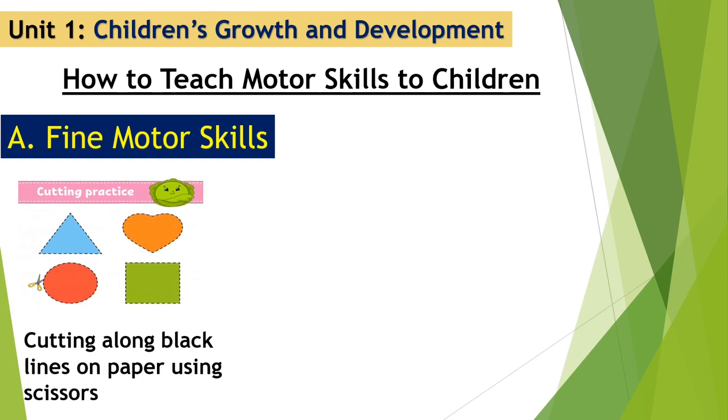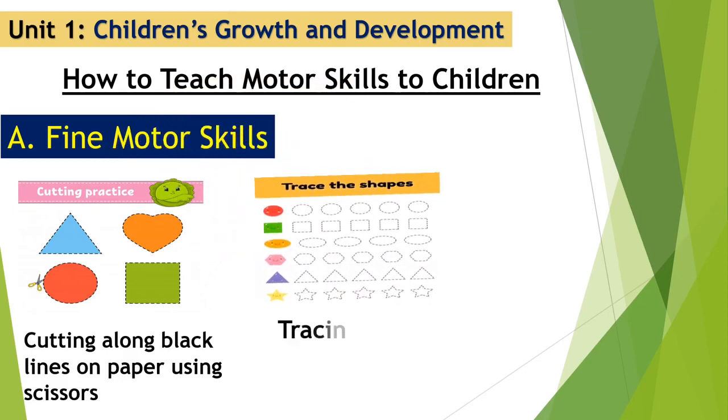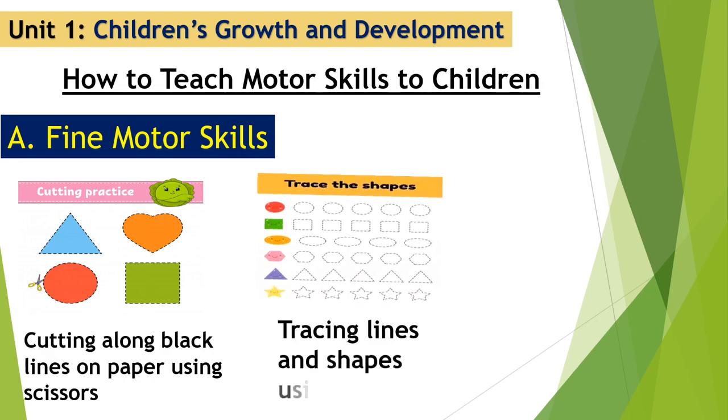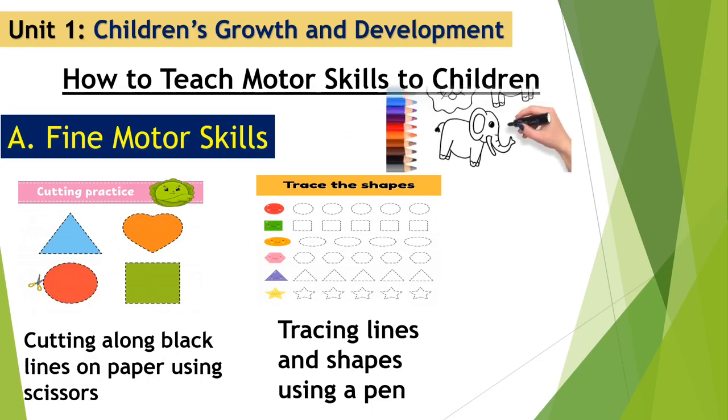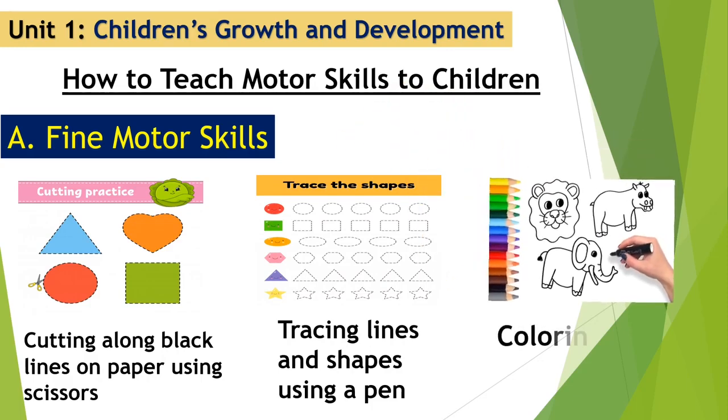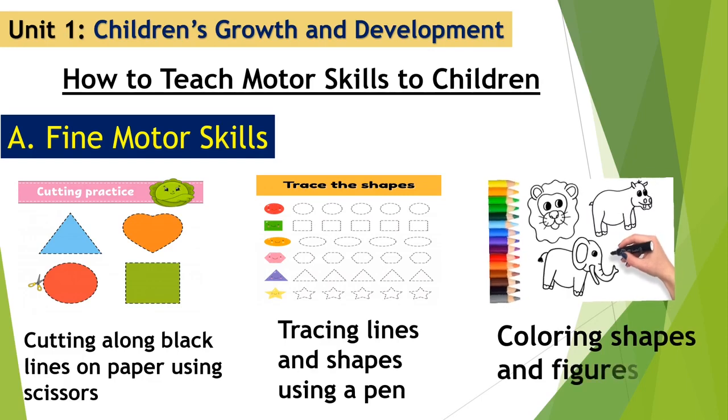That is the first activity that we could use to help a child develop his or her fine motor skills. Next, tracing lines and shapes using a pen. Next, coloring shapes and figures. These are just some of the activities that could be used to teach and develop fine motor skills of children.